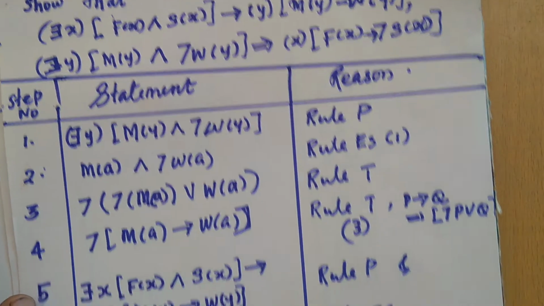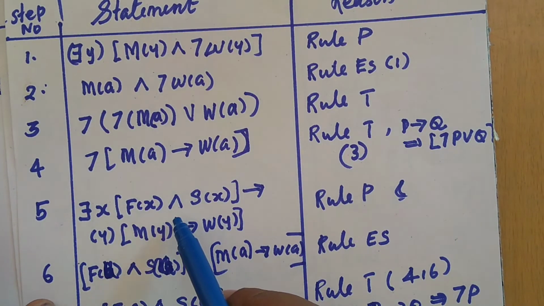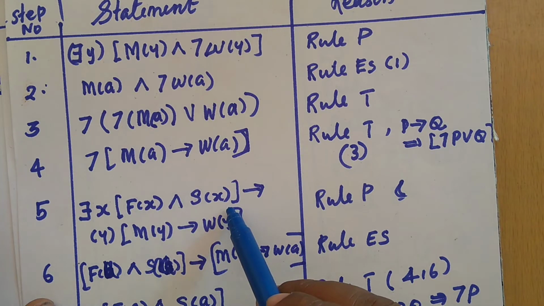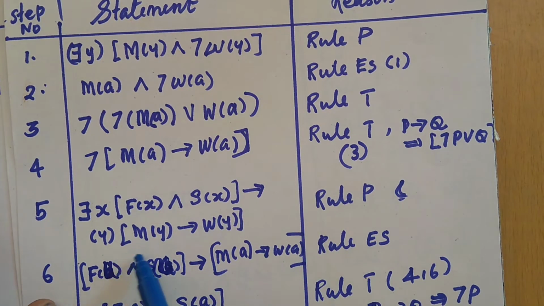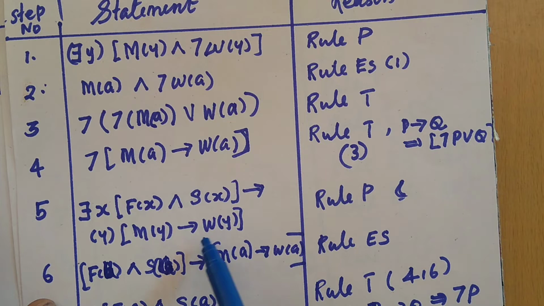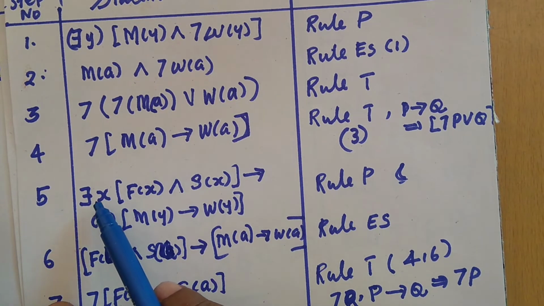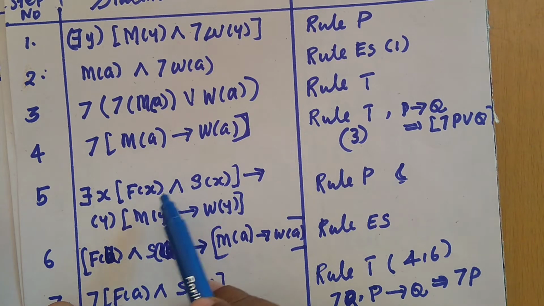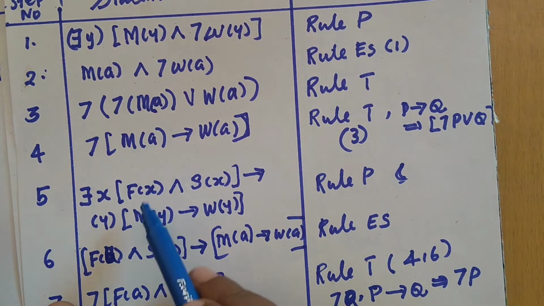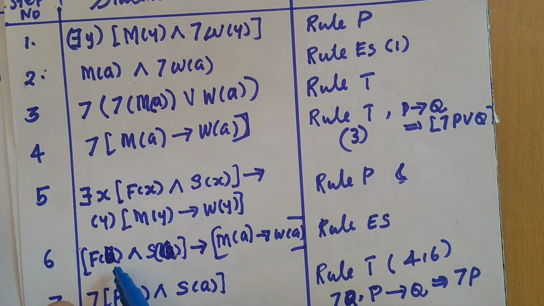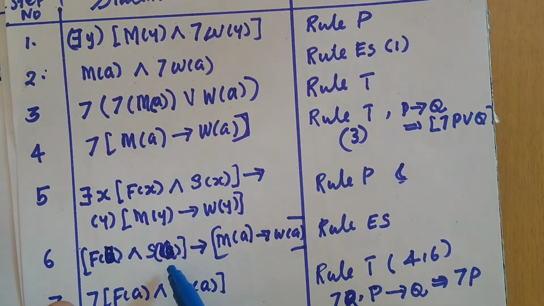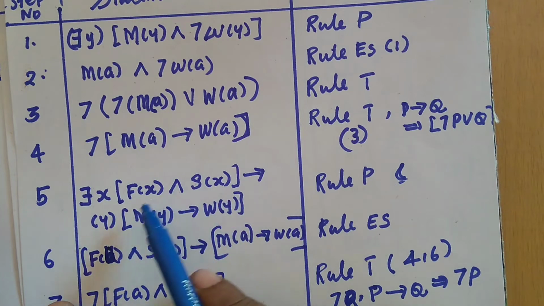So that is, there exists x, F of x and S of x implies for all y, M of y implies W of y. This is also for a particular case. Instead of x, we can put a. So that is F of a and S of a implies, and this is a generalized term; anytime we can put a or b or c.